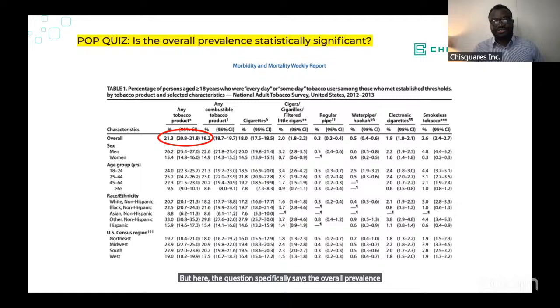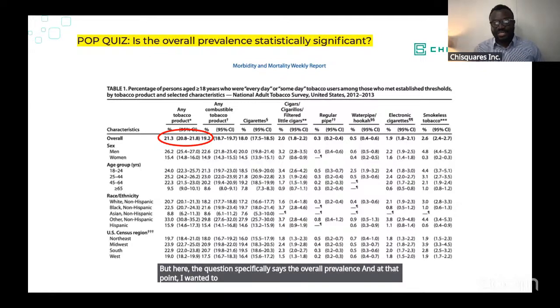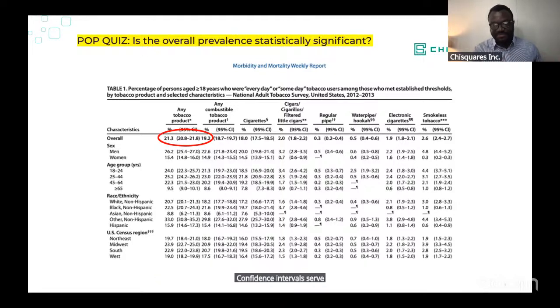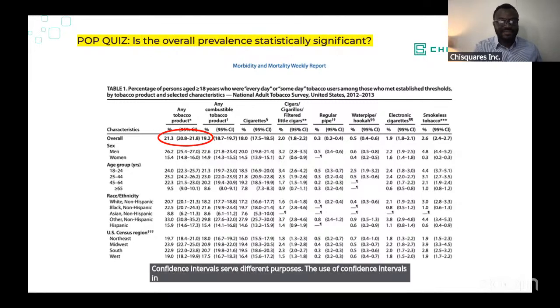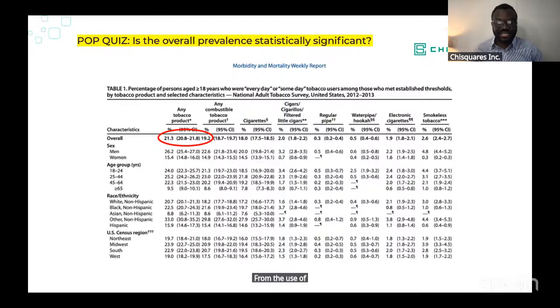Another point: don't get confused by confidence intervals. Confidence intervals serve different purposes. The use of confidence intervals in descriptive analysis is very different from their use in inferential statistics.